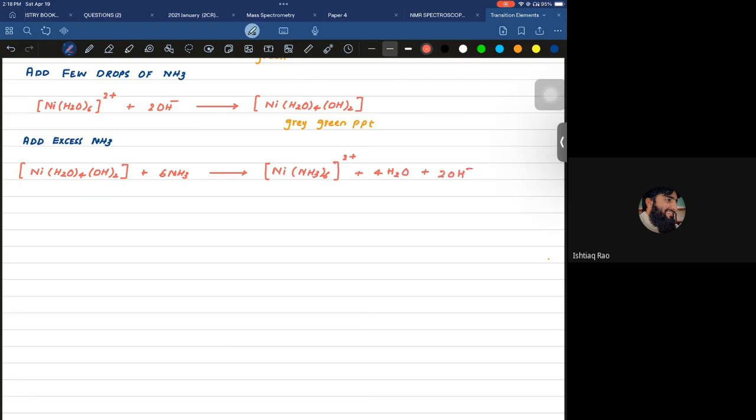All of the water molecules are substituted by ammonia.